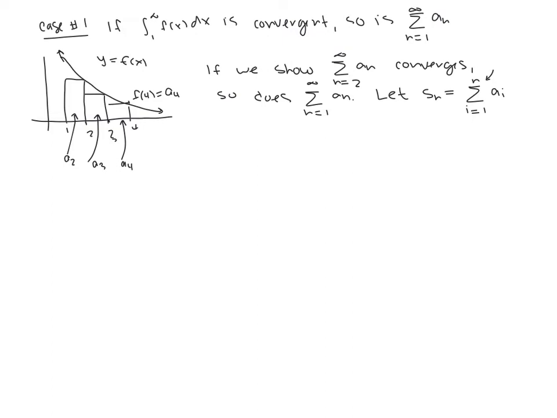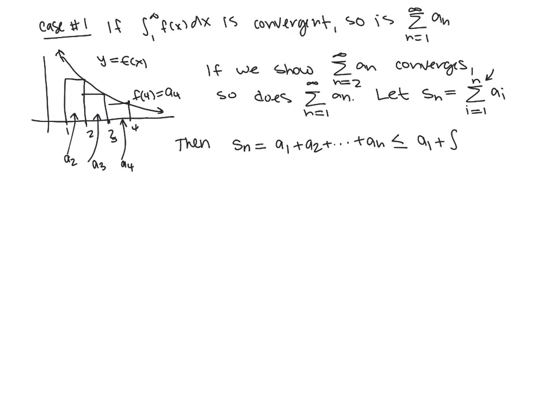Okay, and then from your picture, you can observe, just like we did with the 1 over x squared, that your Sn, which is a1 plus a2 all the way up to an, is less than or equal to a1 plus the integral from 1 up to n of f of x dx.